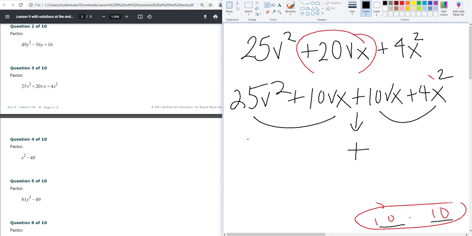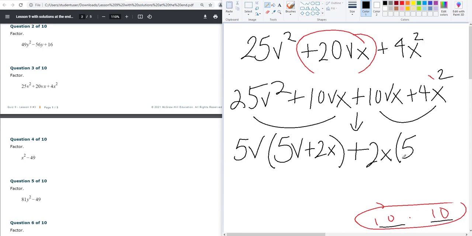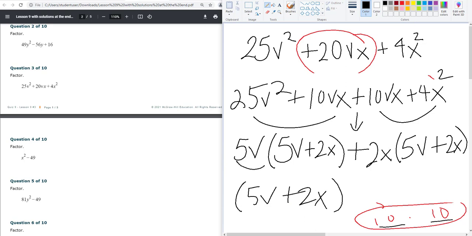So these have a 5v in common. That will give me a 5v plus 2x. And these have a 2x in common, and that will give me a 5v plus 2x. And look what happens. We have 5v plus 2x in common, and then 5v plus 2x left over.